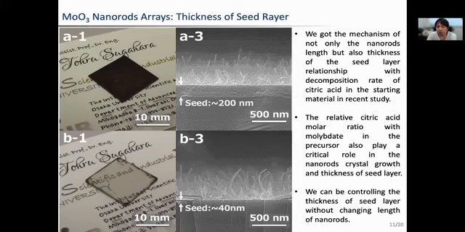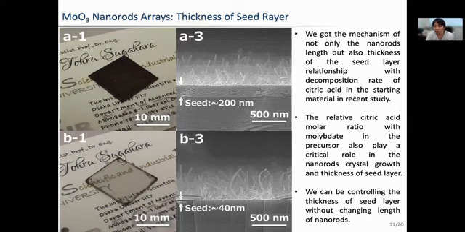The relative citric acid molar ratio with Mo in the precursor also played a critical role in the nanorod growth and thickness of the seed layer. So we can control the thickness of the seed layer without changing the length and thickness of the nanorod.